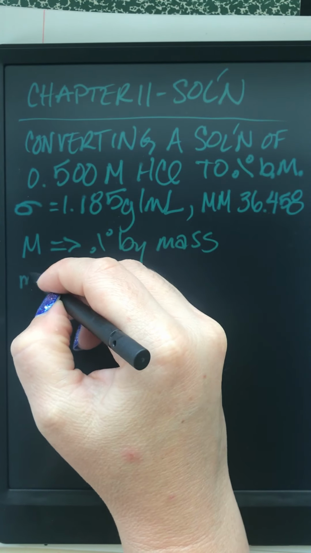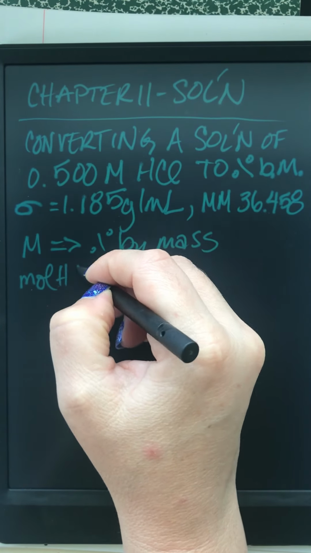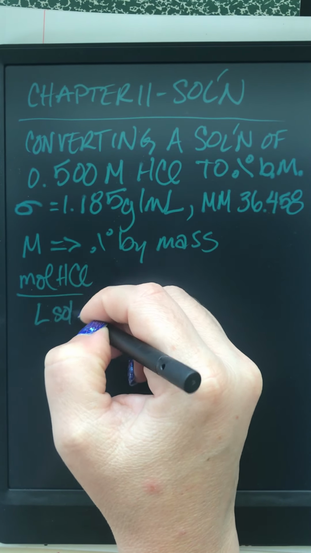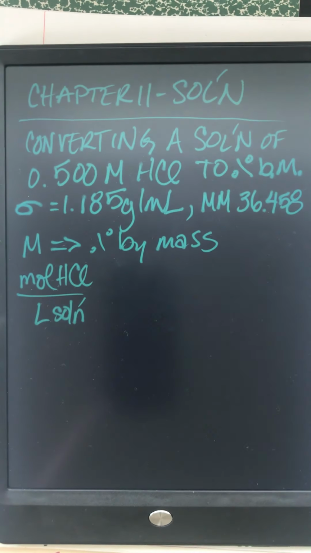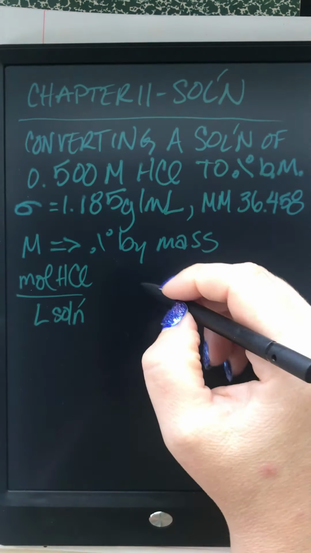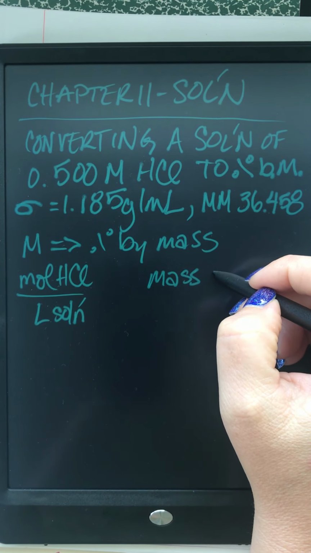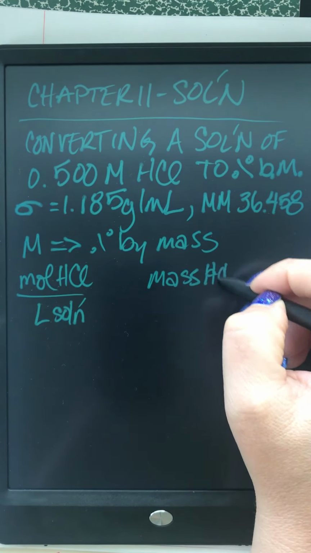So we have moles of HCl per liter of solution, right? What about percent by mass? Mass of solute over mass of solution.